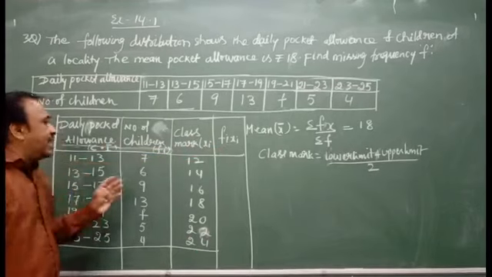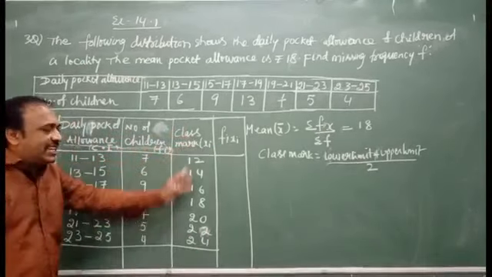Now fi xi. Fi is the frequency and xi are these values.